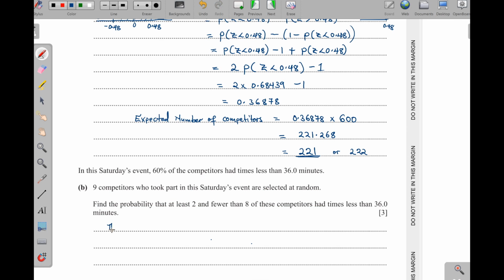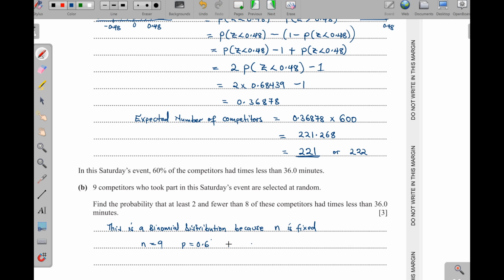Now, this is a binomial distribution. Why is it a binomial distribution? We can see that n is fixed, and our n is 9, our p, the probability of getting the success, is 60%, which is 0.6.